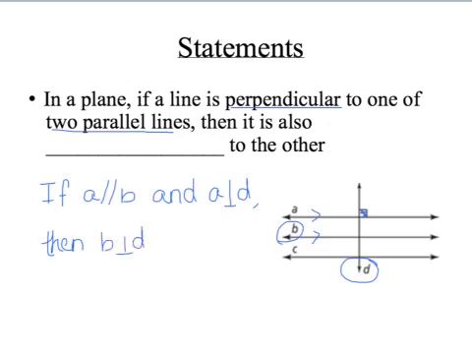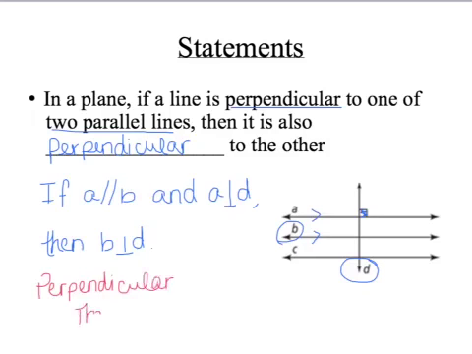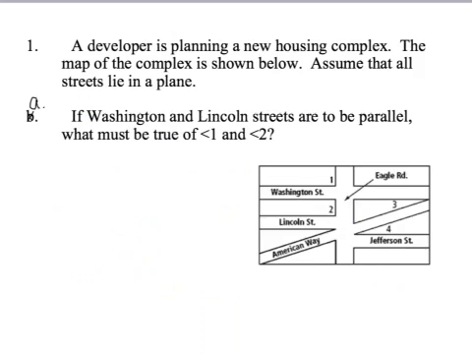So B is perpendicular to D. That is actually called the perpendicular transversal theorem. Okay, we're going to use those three statements to answer the questions for number 1.